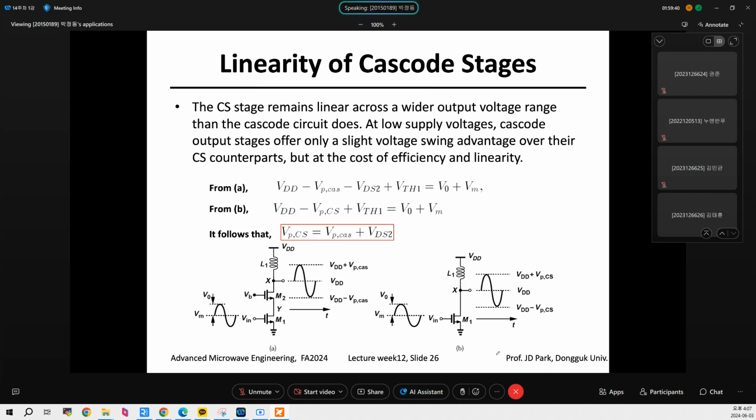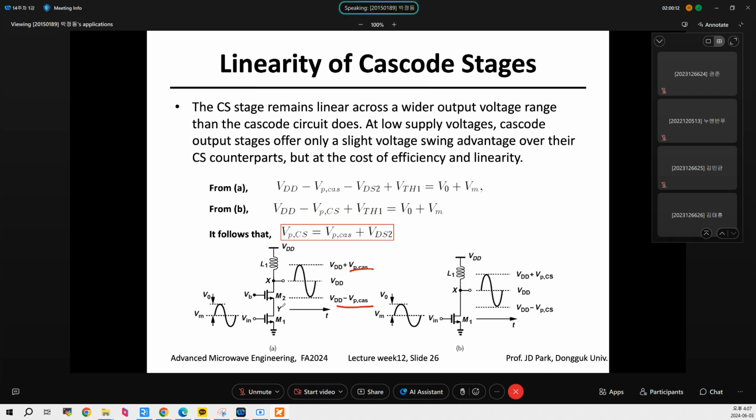As can be seen here, the swing is limited by VP cascode. This VP cascode is caused by this.